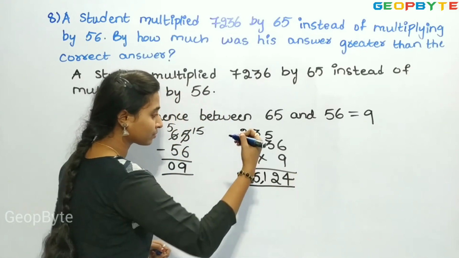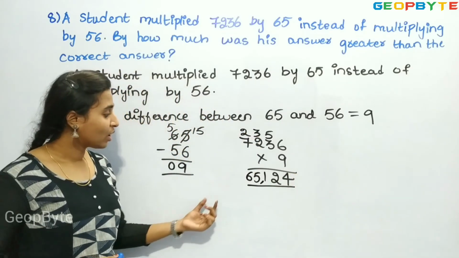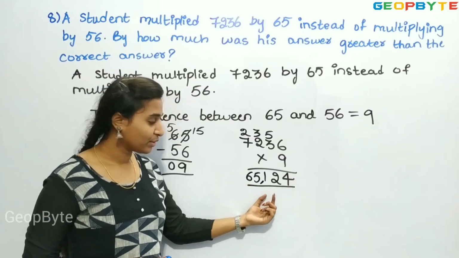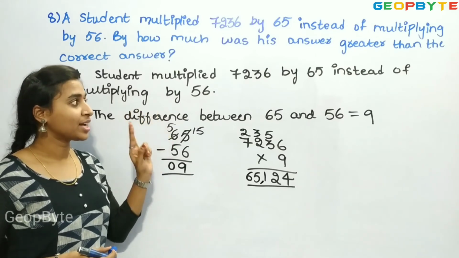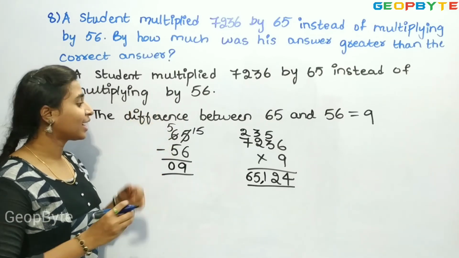So he got 65,124. So now by how much was his answer greater than the correct answer?